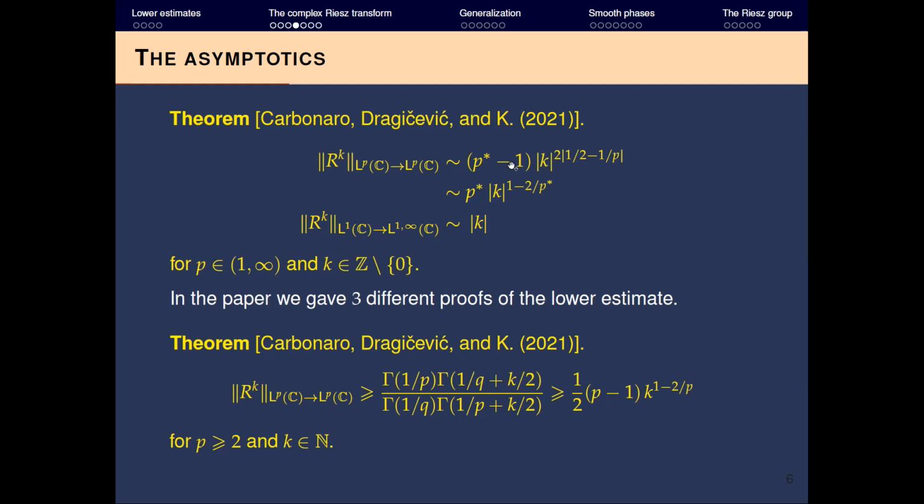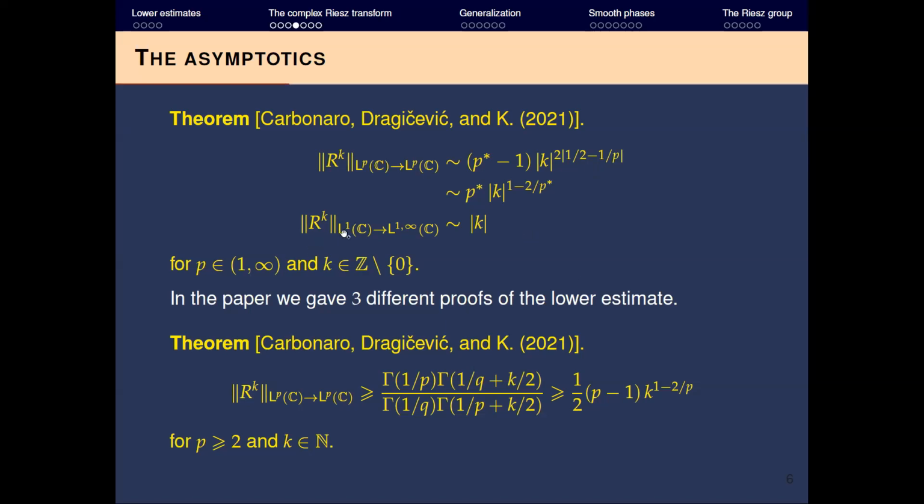And this p star - 1 is certainly comparable to p star up to constants, right? So you could write it simply like p star, but it's more elegant to write it as p star - 1, because there is a p star - 1 conjecture on the exact norm of the Ahlfors-Beurling operator. And because those operators are unitary on L2, when p equals 2, the right-hand side above is actually equal to 1. So it's kind of nice to have the exact equality for p equals 2.